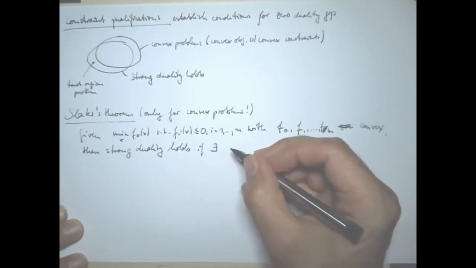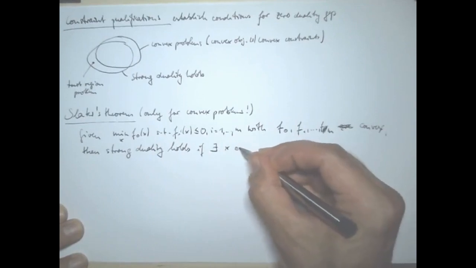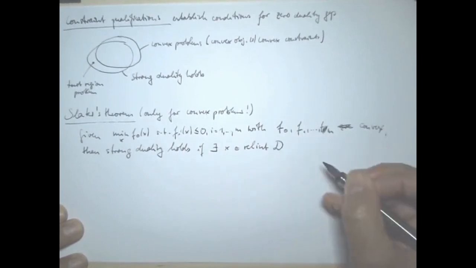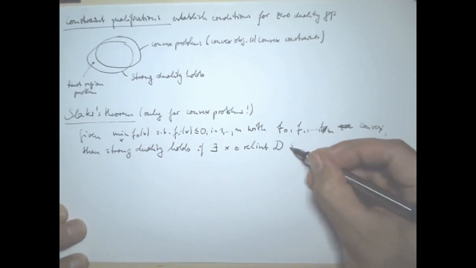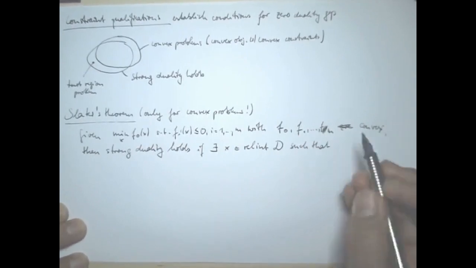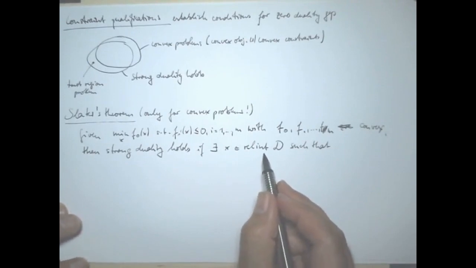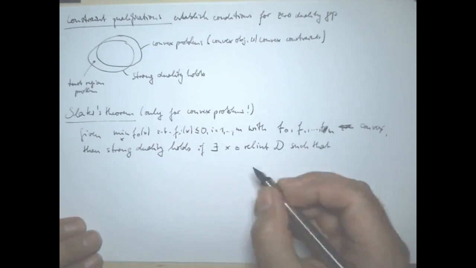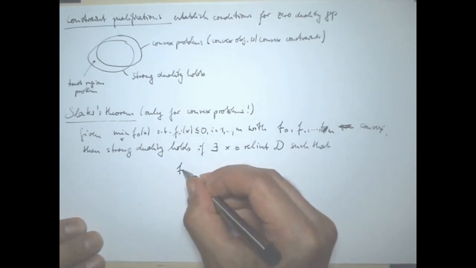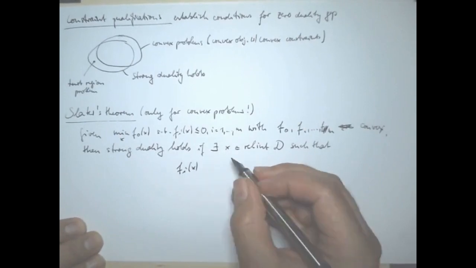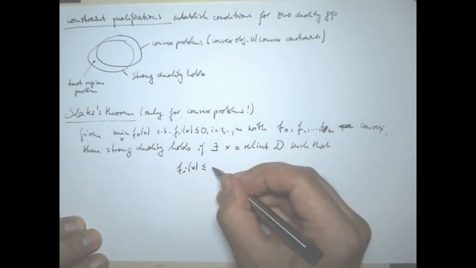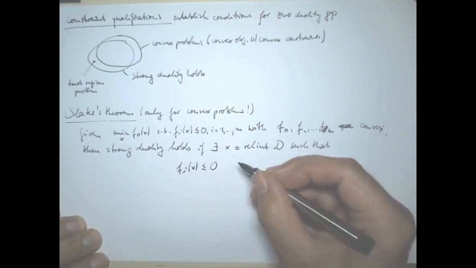If we can find an x from the relative interior of the domain D that I previously specified, the relative interior, it essentially means it's the domain without its very limit. Namely that the affine inequality constraints should hold.